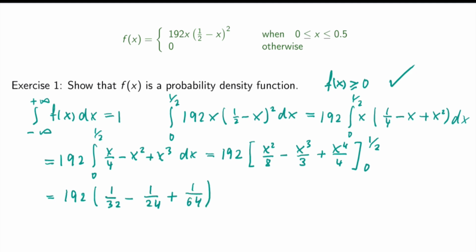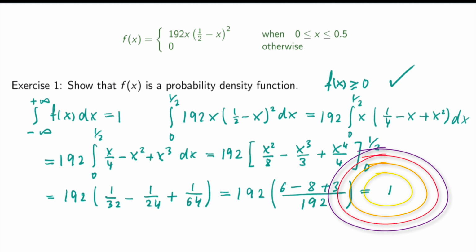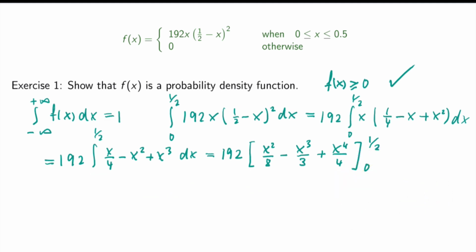And so we can find a common denominator, which turns out to be 192. The 32 goes in 6 times, the 24 goes in 8 times, and the 64 goes in 3 times, so 6 minus 8 plus 3 is 1. And this is what we wanted. So it is really a proper probability density function.